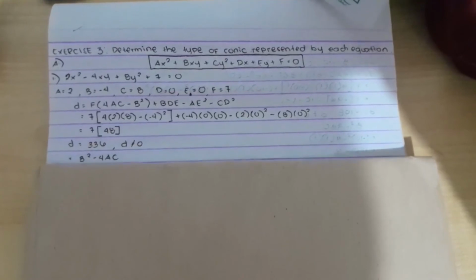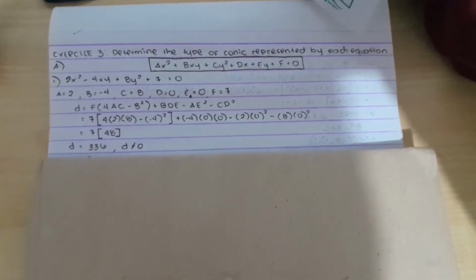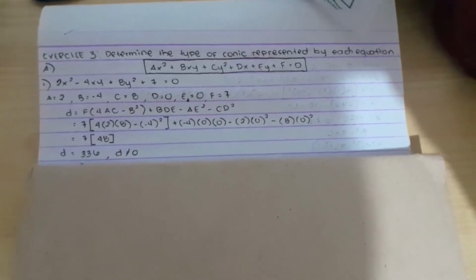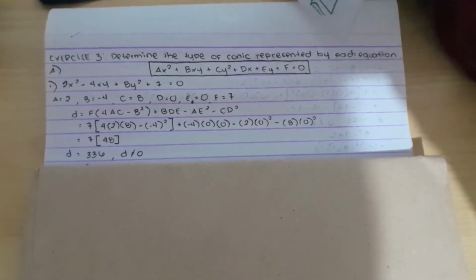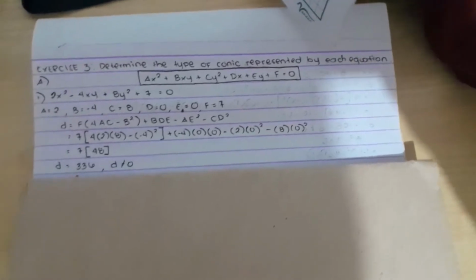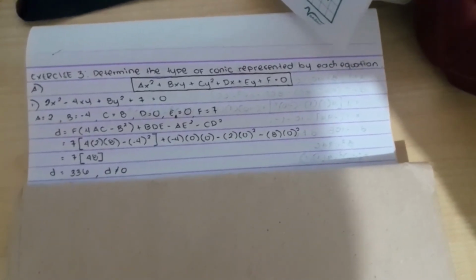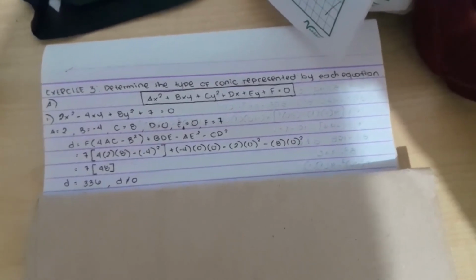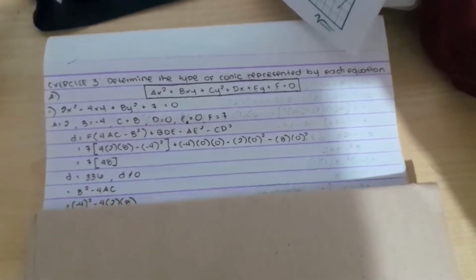And then next is, yung delta natin, ang equal ng delta natin is 336. So, yung delta na yon is not equal to 0. Therefore, para malaman natin kung anong type ng conic na represent ng equation na yan, kailangan natin masagutan ito.